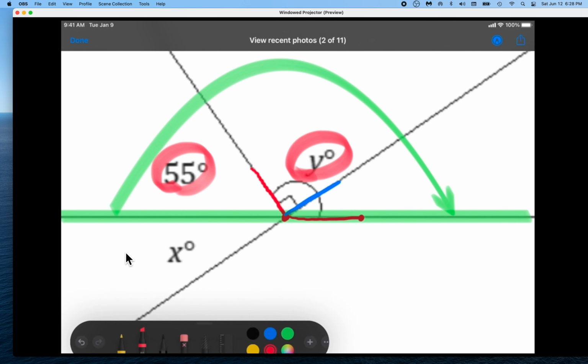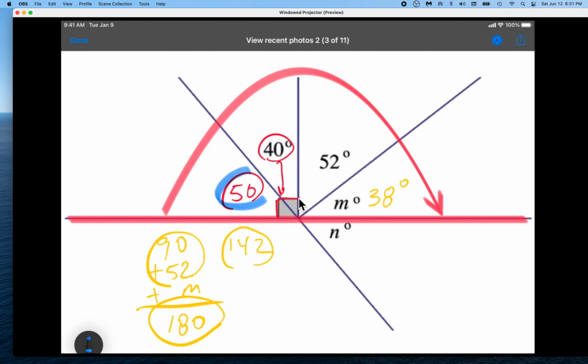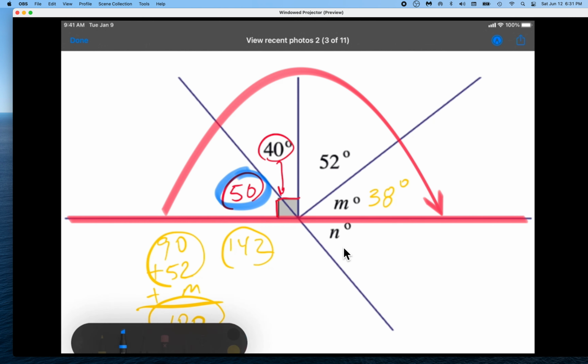Okay, one thing I forgot to do, the minute we had this 50 identified, we should have looked for a vertical angle. And indeed, if you come right through the vertex, this is going to be 50.